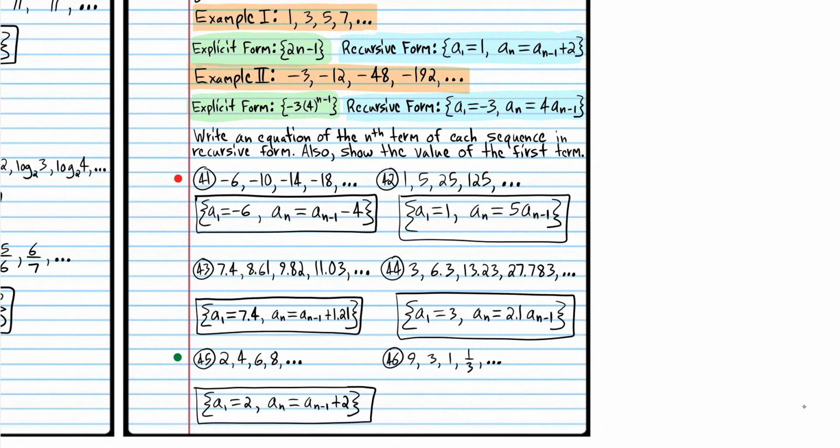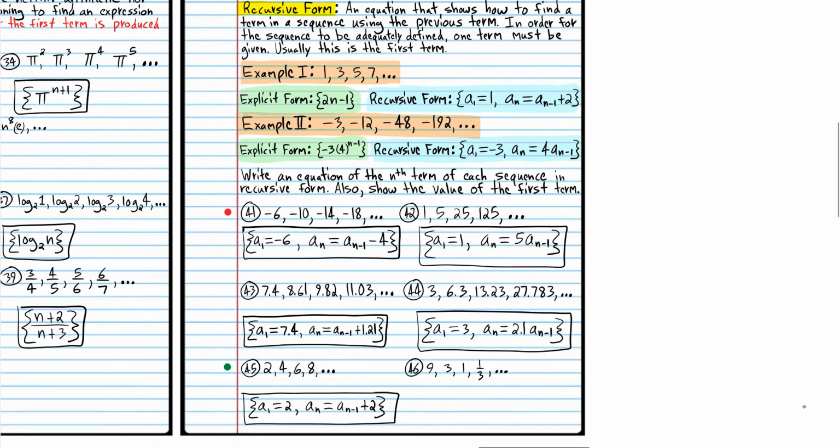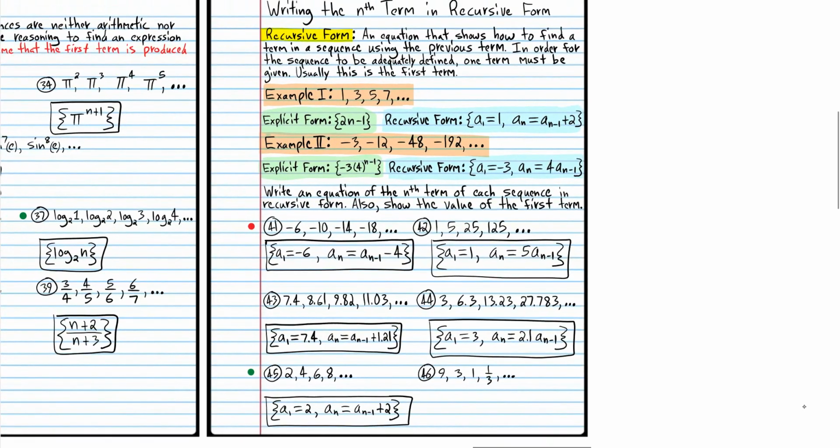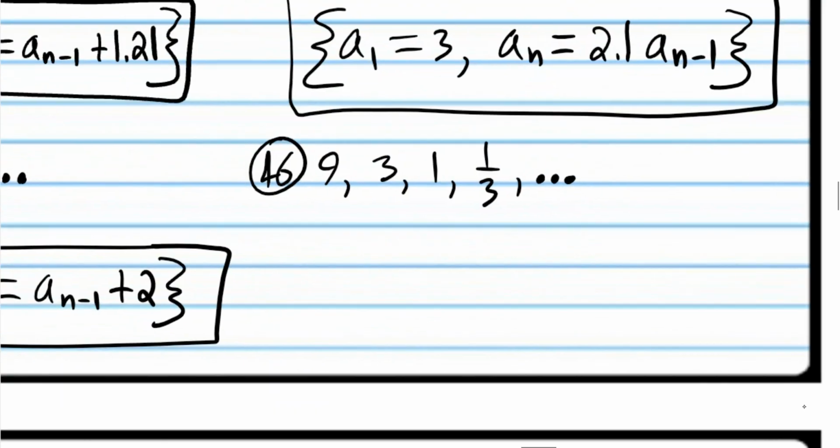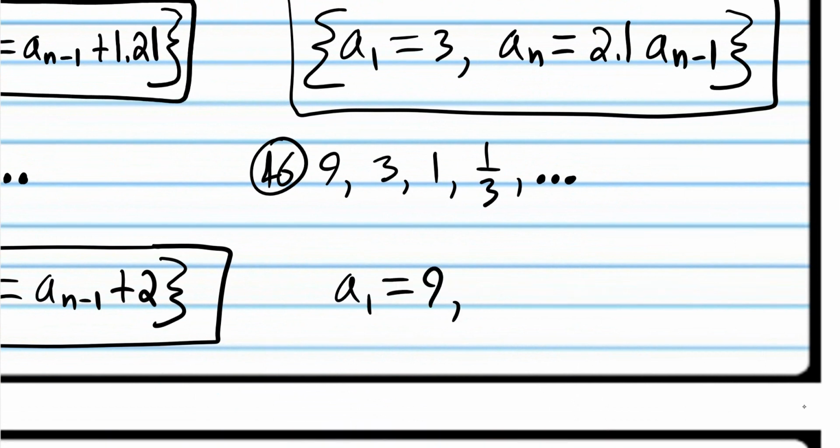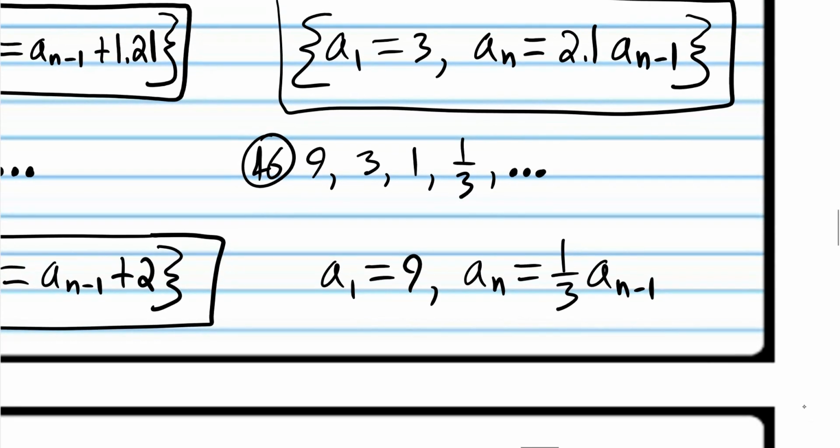Go ahead and try 46. When you come back, we'll do it together. All right, we're back. So the first term is 9, and any term in the sequence can be found by taking the previous term and multiplying by 1/3. You can also write a subscript n minus 1 over 3.